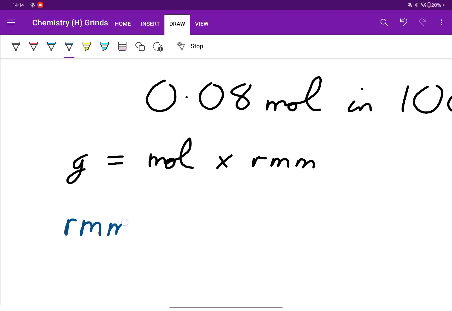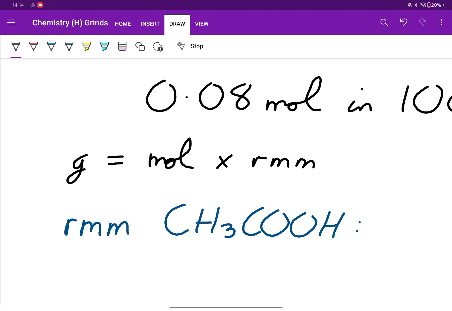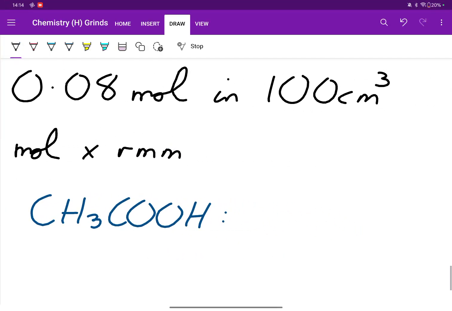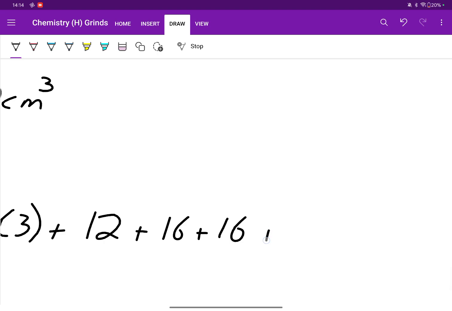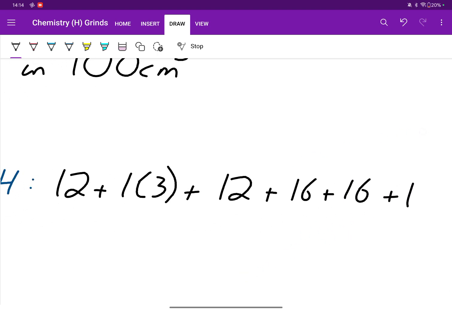So the RMM of ethanoic acid is just the masses of all these added up, again taken from the front page of your exam paper, is going to be 12 plus 1 by 3 plus 12 plus 16 plus 16 plus 1, and that is 60 grams per mole.